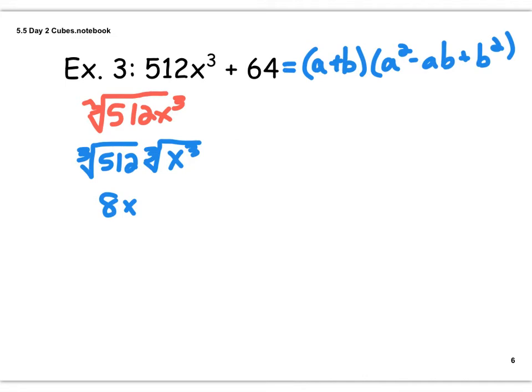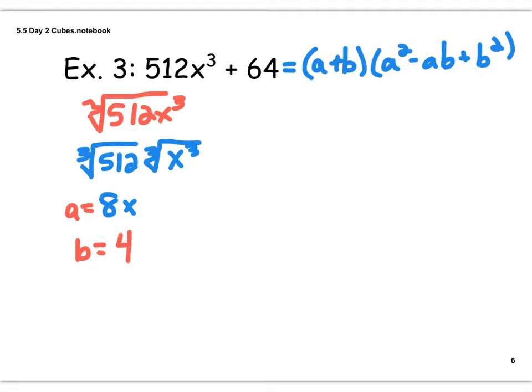So I have a, which is equal to 8x. My b, well, let's figure out what my b is going to be. Let's see, 64, the cubed root of that would be 4. All right, so when I start doing my work, I'm going to leave myself plenty of space here because I know it's going to take some space. So a is equal to 8x.